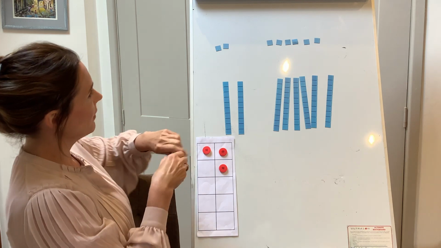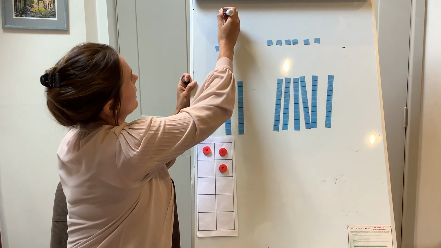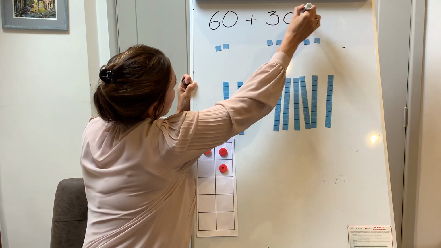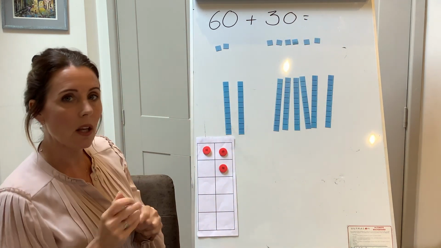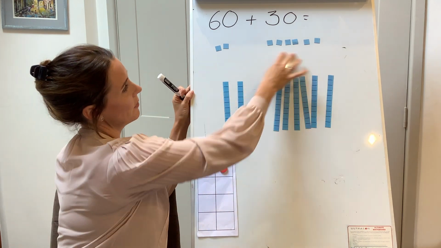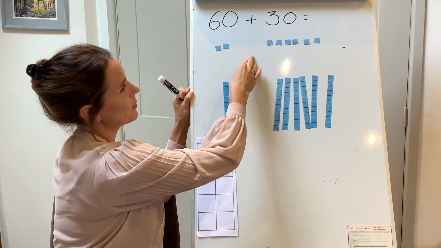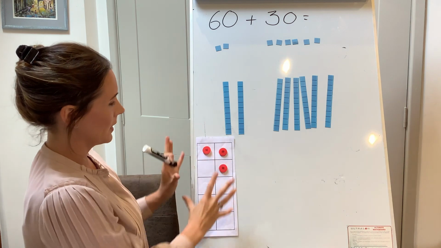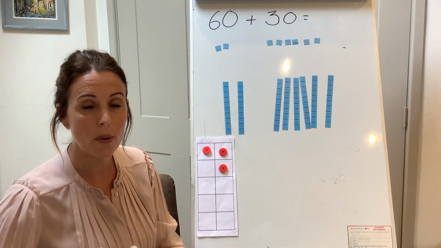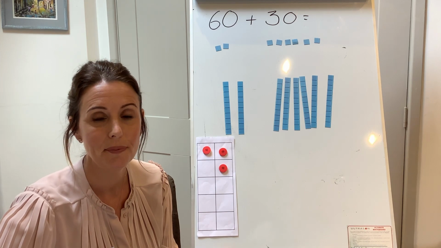So I want you to have a go at doing the calculation 60 add 30. I don't want you to count on in tens, I want you to use your related facts, your knowledge of number bonds, and you can use a tens frame to help you, or you can use base 10. So pause it and have a go at that.